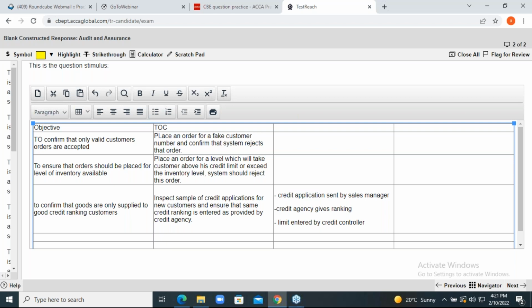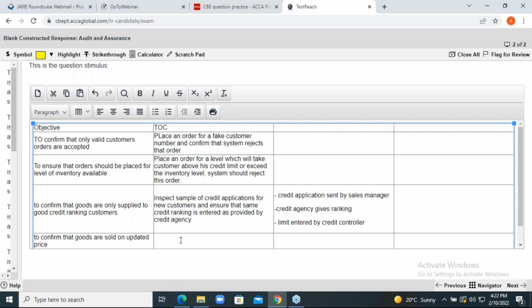Now, the objective is to confirm that goods are sold on updated price. So if the goods are not sold on updated prices, then there will be a loss for the organization. The company is not going to get the required revenue. Ultimately, the profit will decrease.